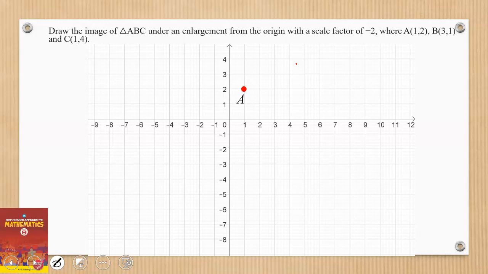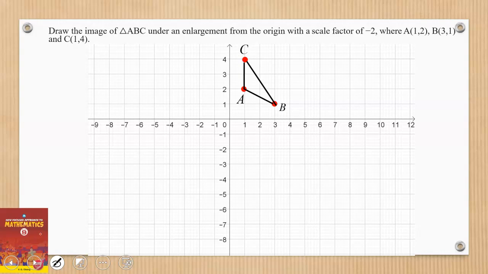Then B is (3, 1). And then C is (1, 4). Again, when we join this together, we form a triangle. So we want to draw the image to form A prime, B prime, and C prime.